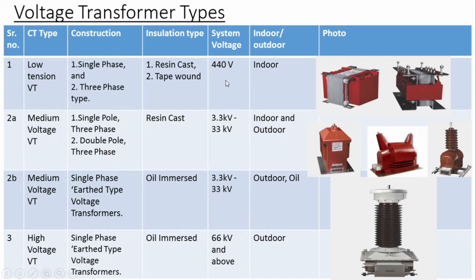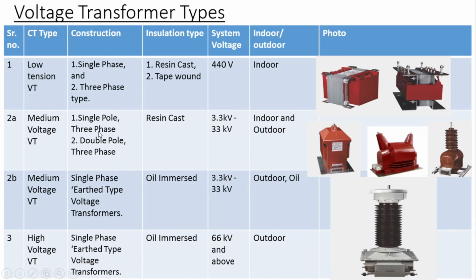It works on a system voltage of 440 volt, that is, for an input voltage of 415 volt three phase and 240 volt single phase, with an output voltage of 110 volt. This type of VT is designed for indoor application. So you must have found this type of VT installed in closed panels or any indoor wiring system.